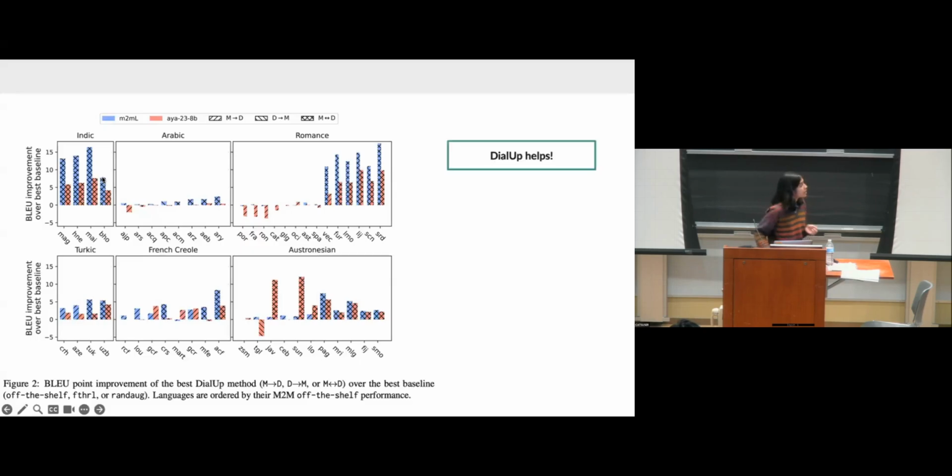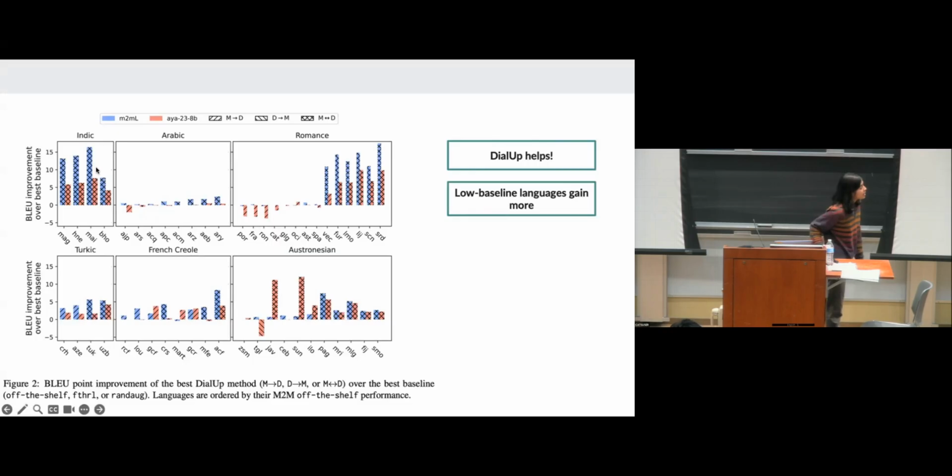In general, we see that DialUp helps for most language families. And some languages benefit a lot more, right? This is like plus 15 to 17 BLEU points, which means that we're going from basically garbage to something decent.